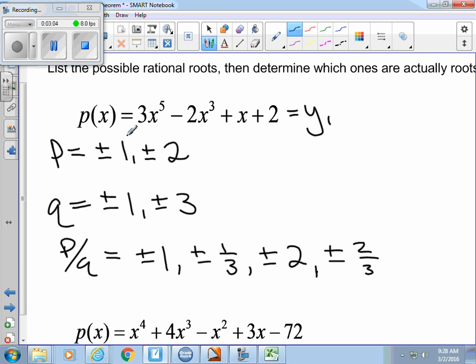Now, they won't all work because I know I can have at most 5, but those are all the possibilities. Now I'm going to plug them in my calculator and see which ones actually work. And someone tell me which ones worked. -1 worked? Any others? Just -1. Okay?